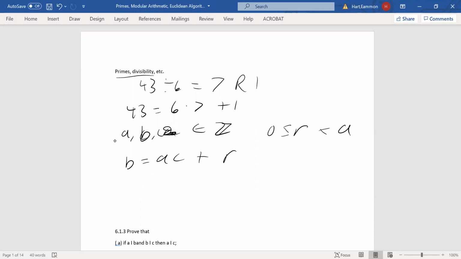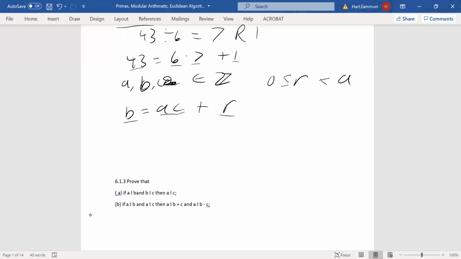So in this case, c corresponds to our 7, 1 corresponds to our r, a corresponds to our 6, and b corresponds to our 43. So that's all that's going on right now.